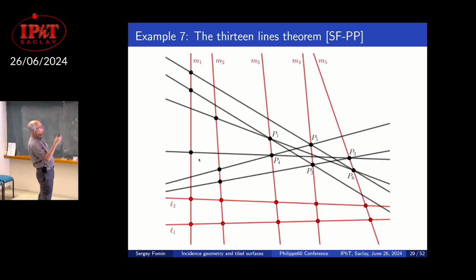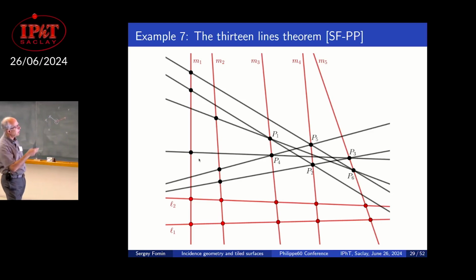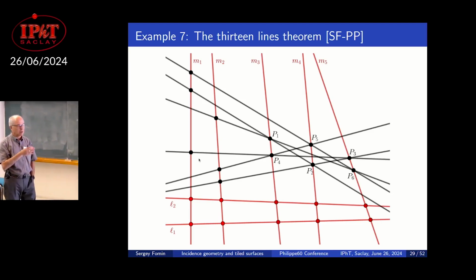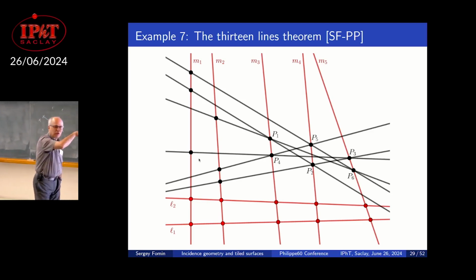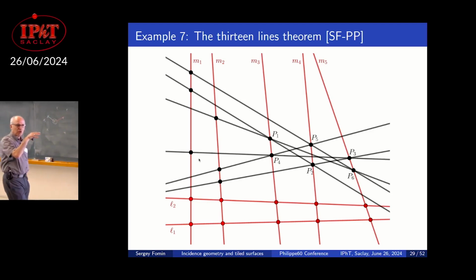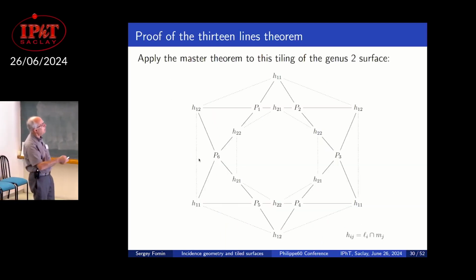Here is a new theorem. I don't have time now, so we call it the 13 lines theorem. It's a three-dimensional theorem about 5 lines piercing 2 lines, and then a certain process closes up. So anyway, that's a new theorem which came from this quadrangulation of a genus 2 surface, just to show you something that comes from higher genus.